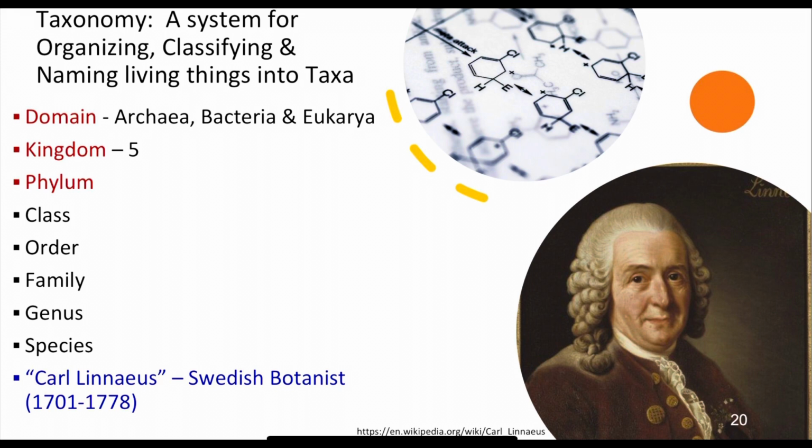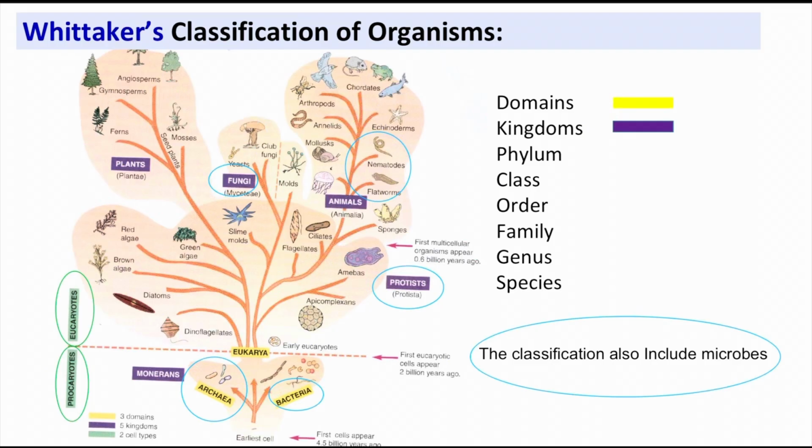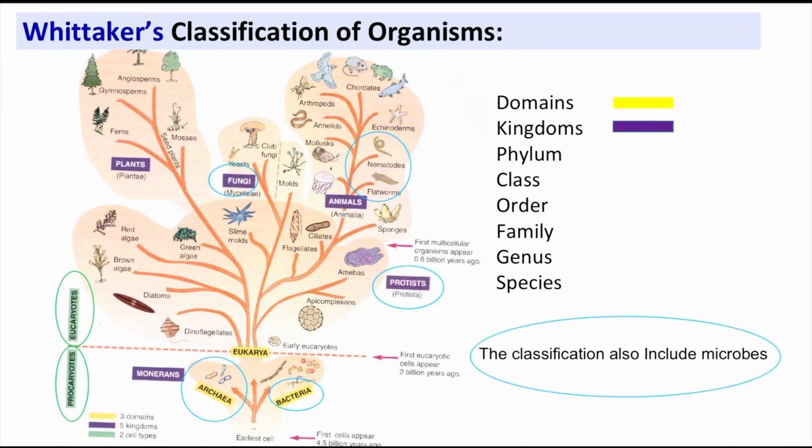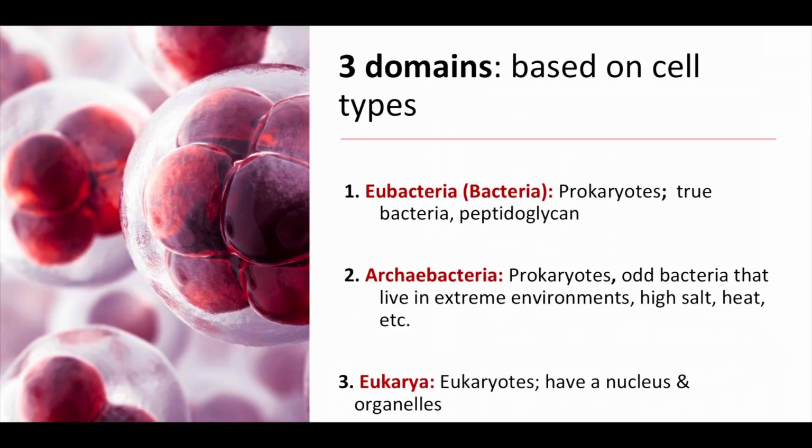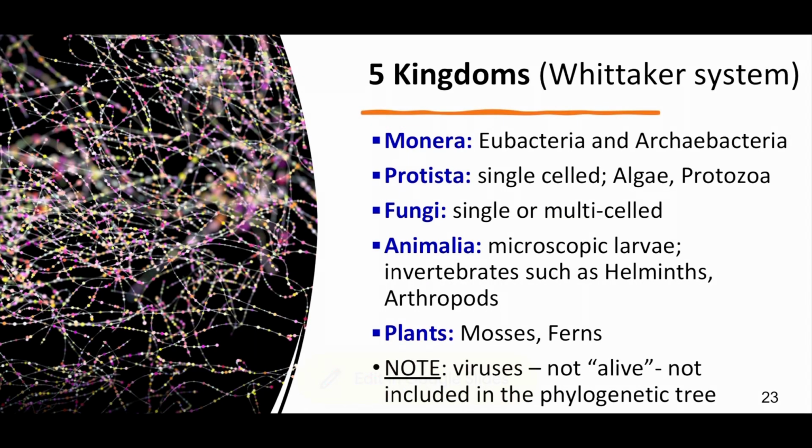He started off this system which contained domains, kingdoms, etc. And Robert Whittaker took this further, and he further modified and developed this classification system, because if you're discovering these organisms, you've got to be able to classify them. His system included 3 domains, 5 kingdoms, and 2 cell types. The domains included eubacteria, archaebacteria, eukarya, etc. The kingdoms included the Monera, Protista, fungi, animalia, and plants.